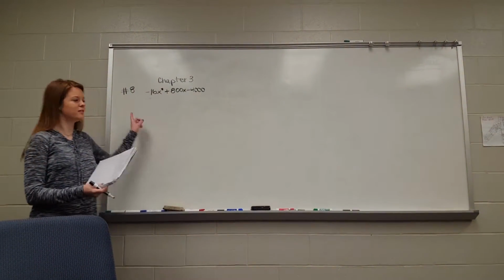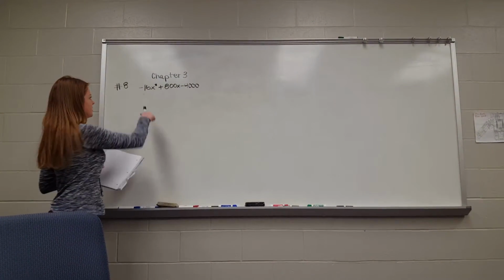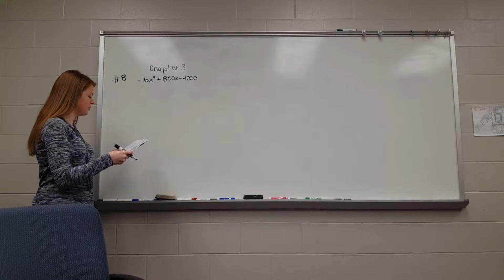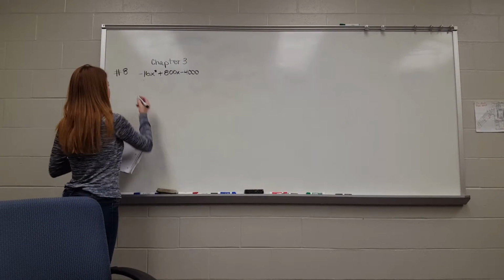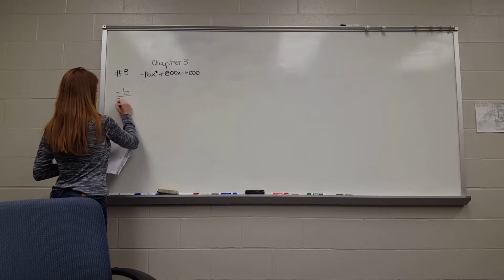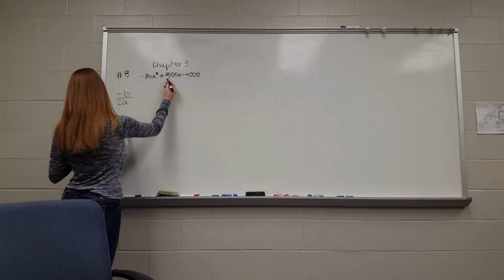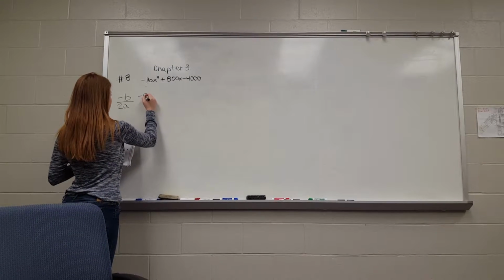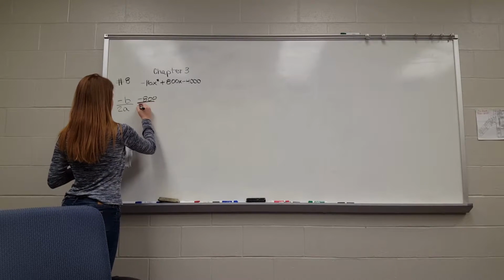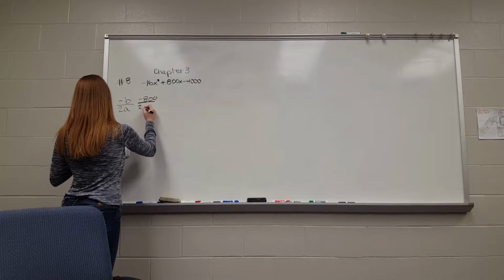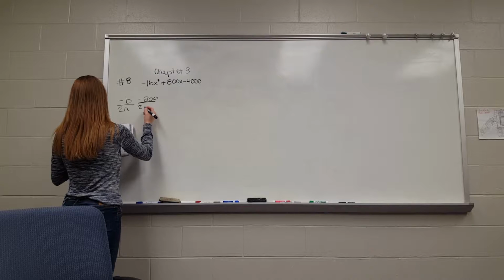Okay, I missed number 8 in chapter 3, and this is the equation. And you have to do the -b divided by 2a, and this is b. So you do -800 divided by 2, -16.